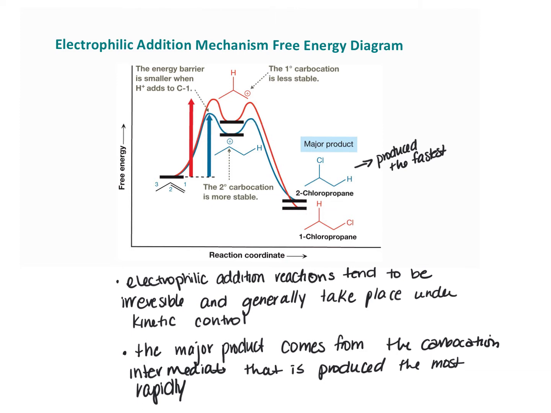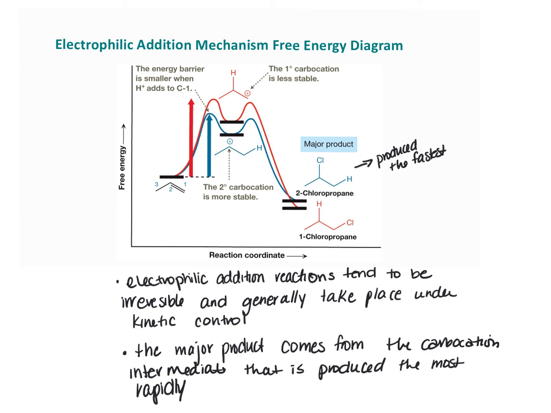The carbocation intermediate that's produced by the addition of that proton to the first carbon, C1, right? This guy is a secondary carbocation, so it's more stable. This is a primary carbocation, so it is less stable.